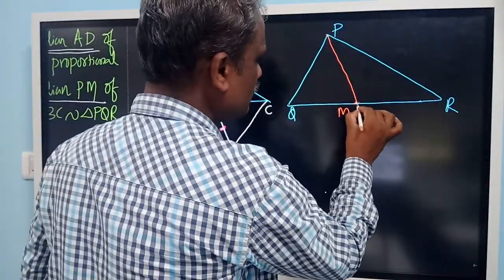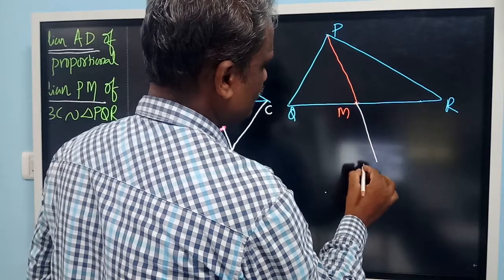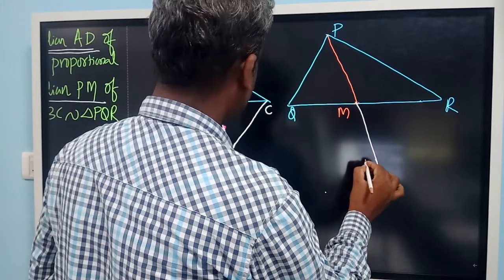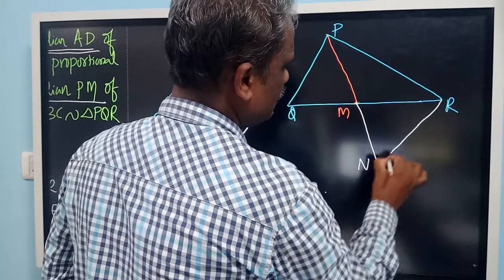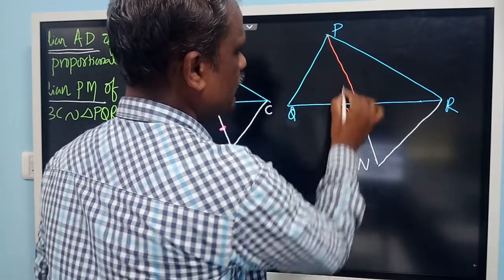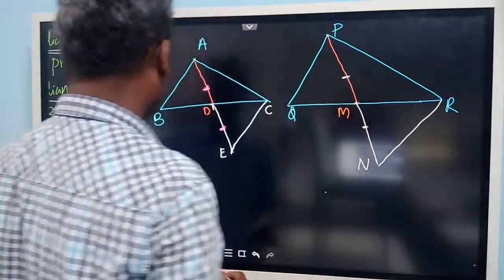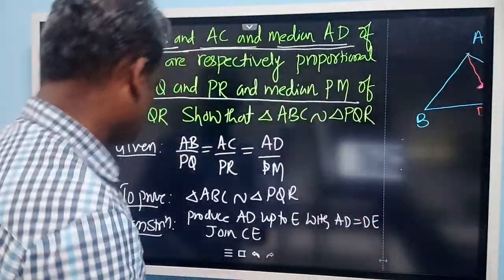Produce PM up to N, you can call. Then join RN, with the condition these two are equal. So same thing we'll write here.